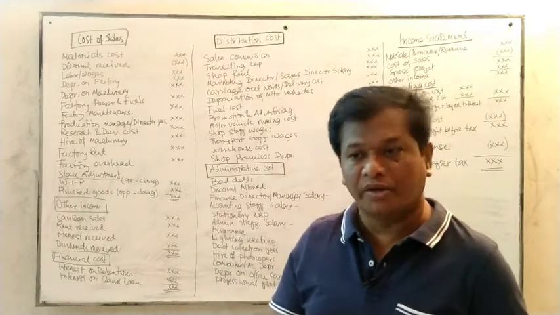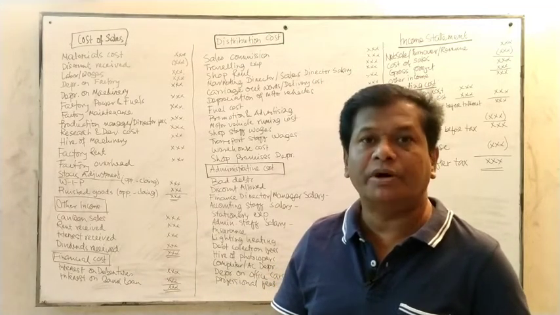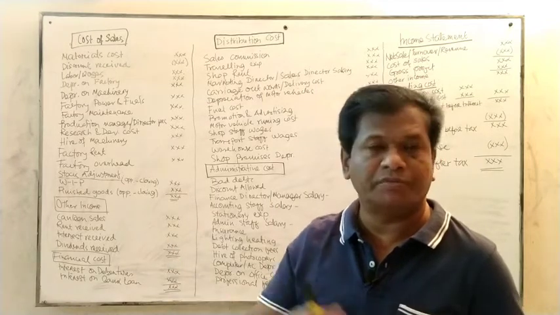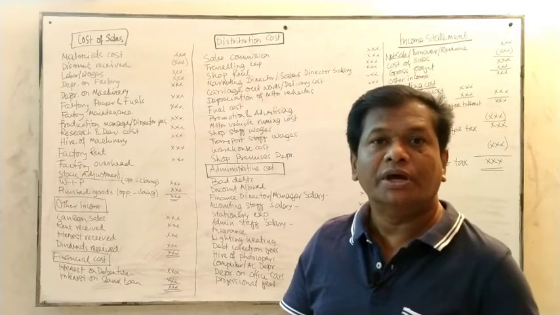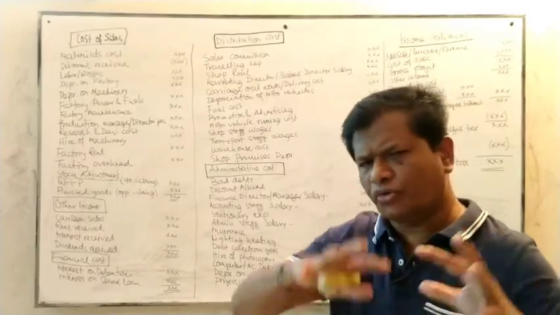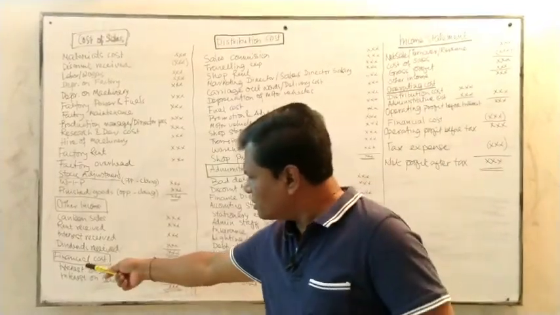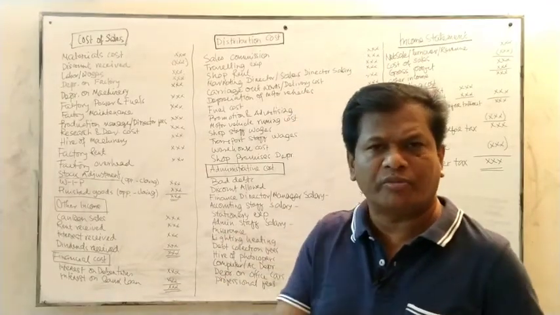to that bank. Maybe sometimes you are taking overdraft facilities from some banking company. Then they charge some interest on the overdraft. So all those are interest expense. This is detailed: interest on debenture, interest on bank loan, interest on bank overdraft, whatever it is.